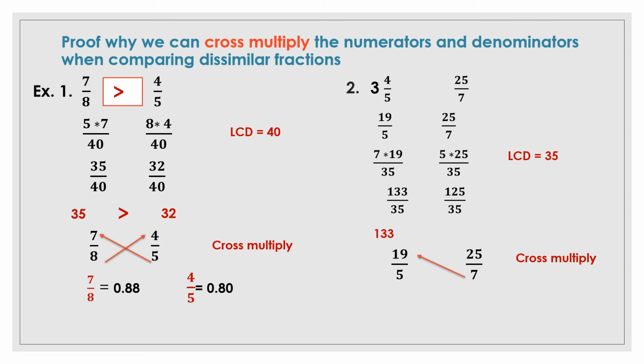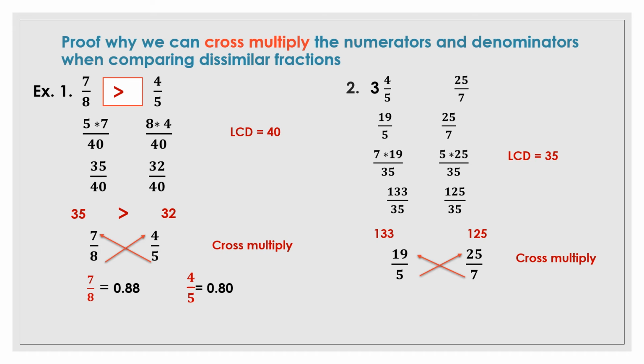So, yun ang nakuha natin sa numerator na 133 nang kumuha tayo ng LCD, which is 35. Ito naman na 5 times 5 ay nandoon din sa numerator ng pangalawang fraction. So, 5 times 25 ay 125.